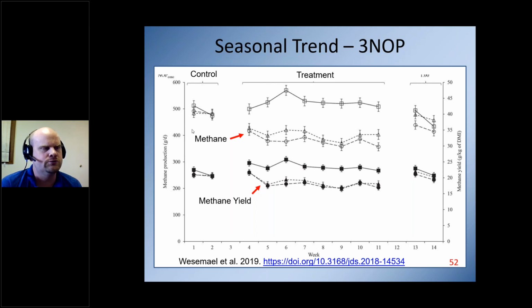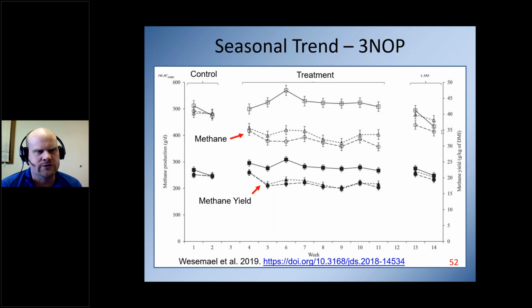So in the control period before the trial started, all the groups produced about the same amount of methane. They implemented the different varied 3-NOP treatments, or the control group where methane stays the same. And we see a very definitive and repeatable difference between different treatment amounts of 3-NOP and some consistency over time of methane.